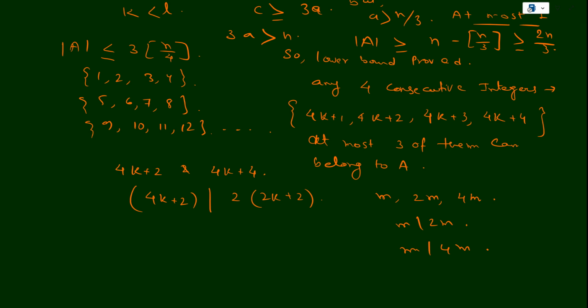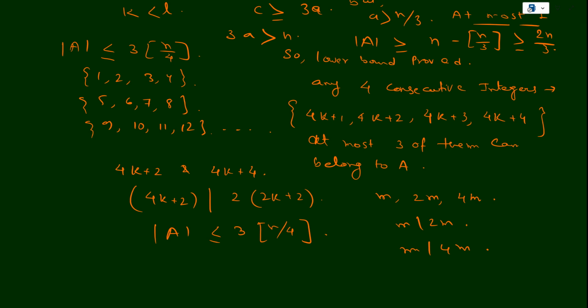Now partition numbers into groups according to the powers of 2. Then each block of 4 contributes at most 3 admissible numbers. Therefore, overall, we can say mod of A is less than or equal to 3 into n by 4, which proves the upper bound as well, right?